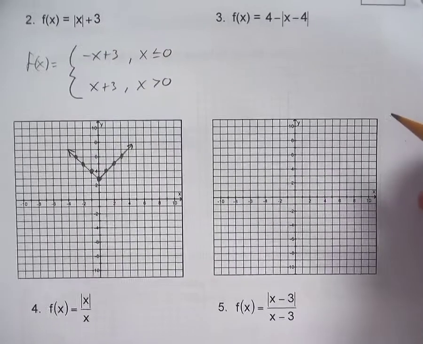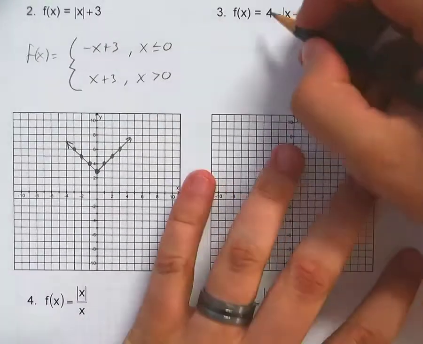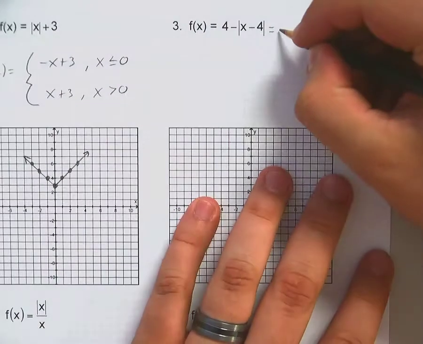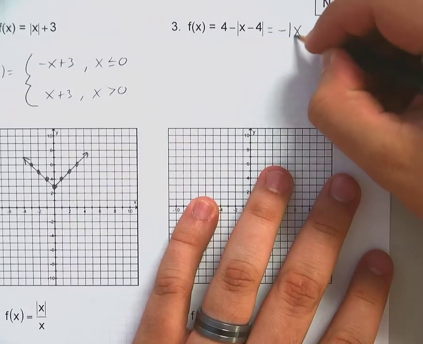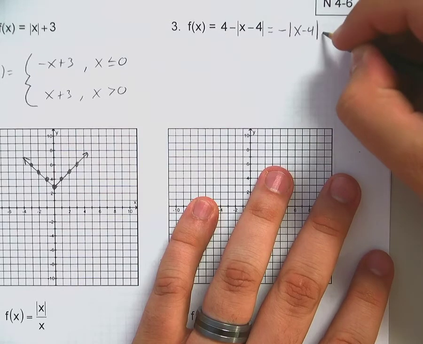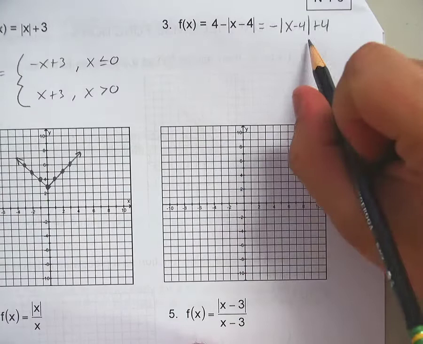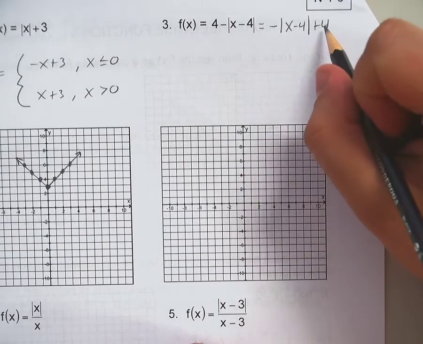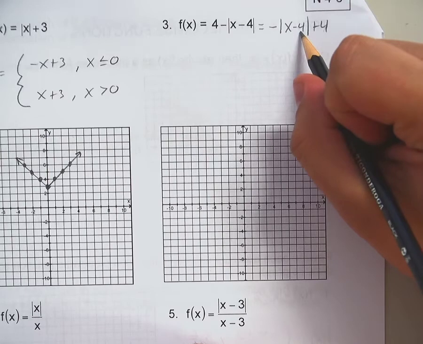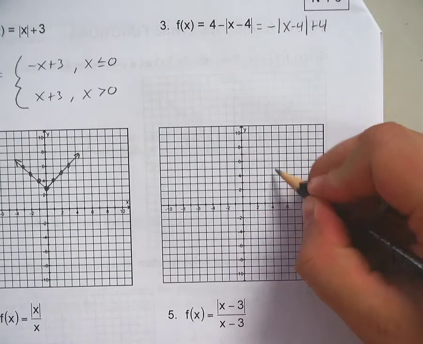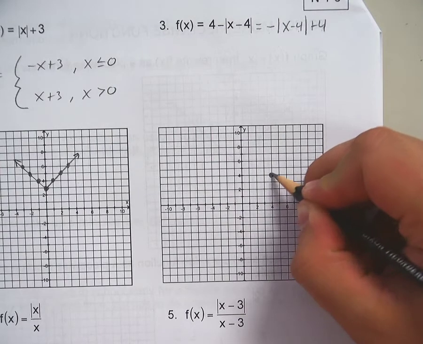For number 3, let's rewrite this first. I don't like the way this is written. I'm going to say that this is equal to negative absolute value of x minus 4 plus 4. That way I get it in the proper format. So I'm going right 4, up 4, and I have a right-hand slope of negative 1. So right 4, up 4, bam.